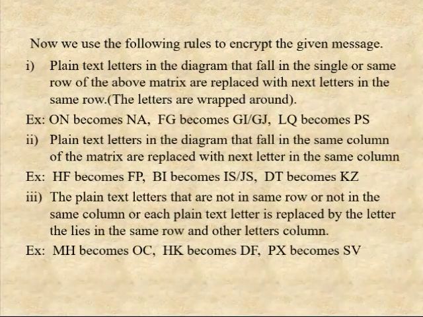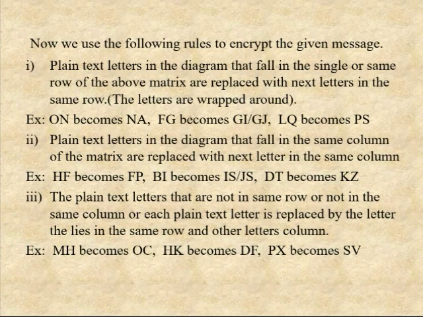The third rule: plain text letters that are not in the same row or the same column, each is replaced by the letter that lies in its own row and the other letter's column, that is, the diagonal letters. For example, MH becomes OC, HK becomes DF and PX becomes SV. These are diagonal letters.